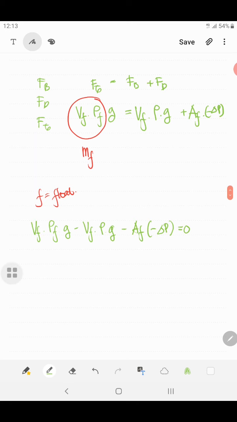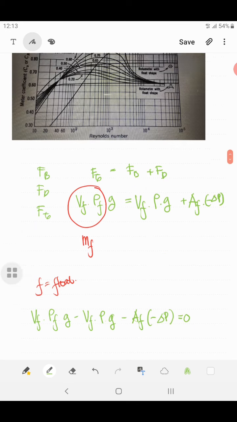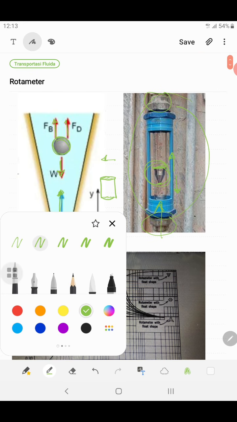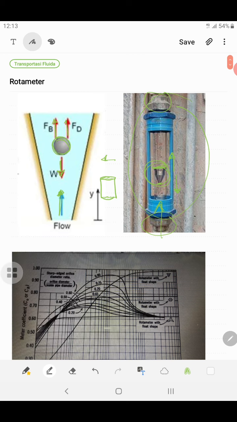And then if we assume that there are two points, the first point is here, and the space between the measuring float and the pipe is point 2.